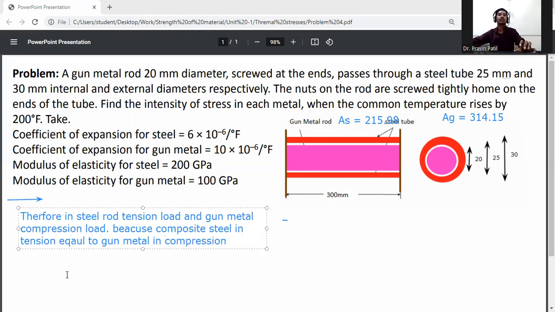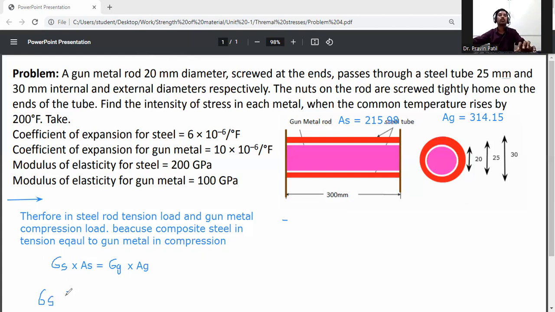So stress in steel into area of steel, sigma s into As, is equal to sigma g into Ag. Okay, so sigma s is equal to what will become?